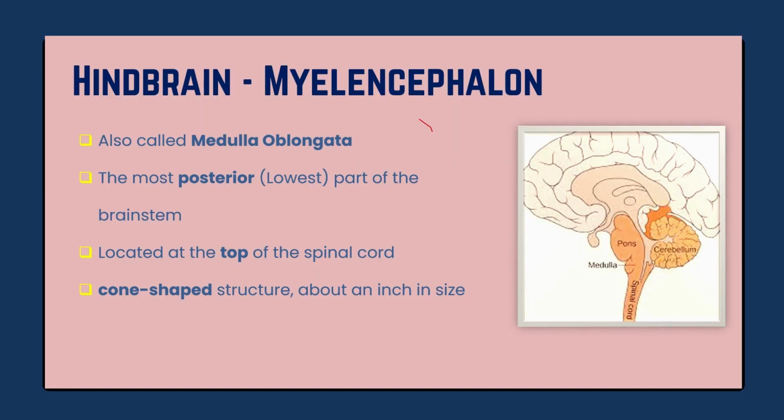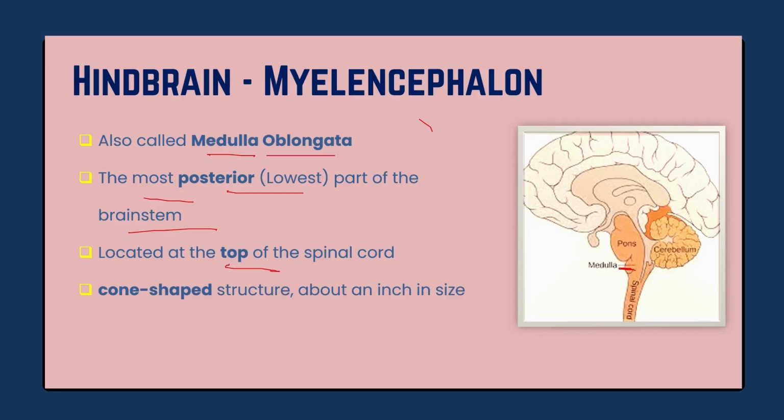Myelencephalon is also called medulla oblongata. I am sure you have heard about this term somewhere or the other, at least in movies, right? It's the most posterior or the lowest part of the brainstem. You can see here, medulla. This is the lowest part of the brainstem. It's located at the top of the spinal cord.